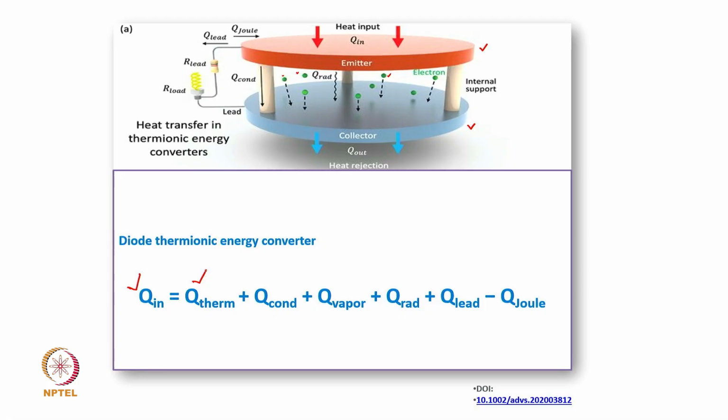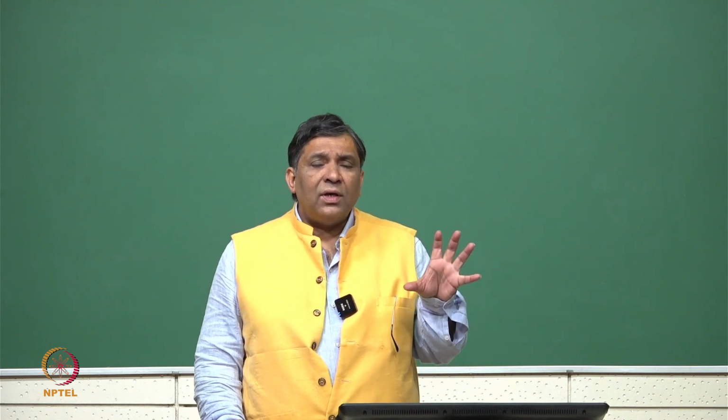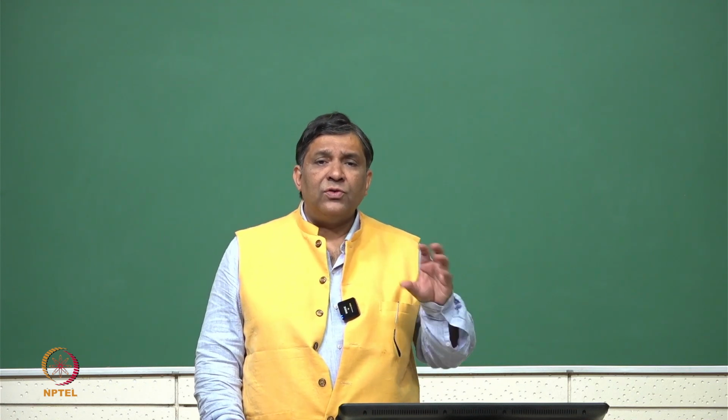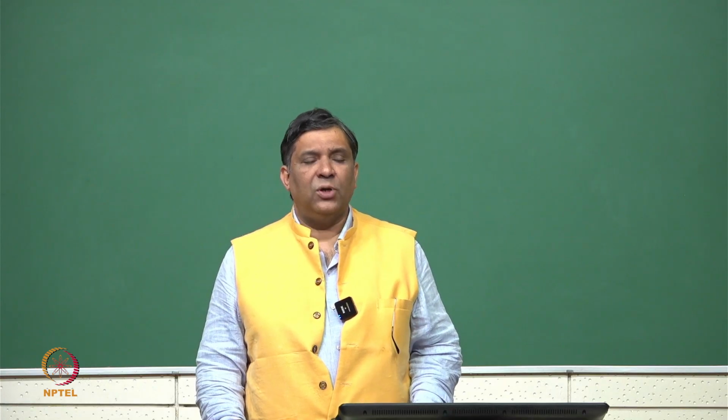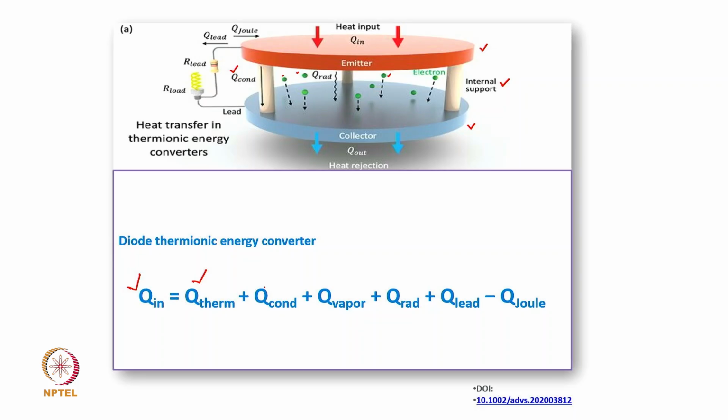But there may be some internal support from emitter to collector, they are not floating, they must be supported by something, and if they are supported by something, then there is a heat flow through those supports also. So, let us call it Q conduction, this is the second part.